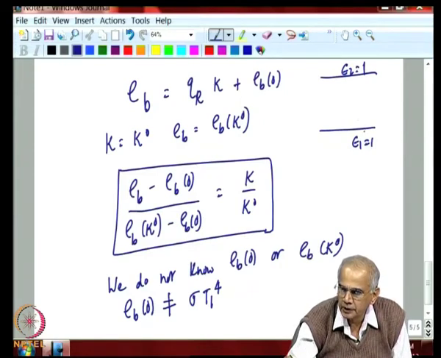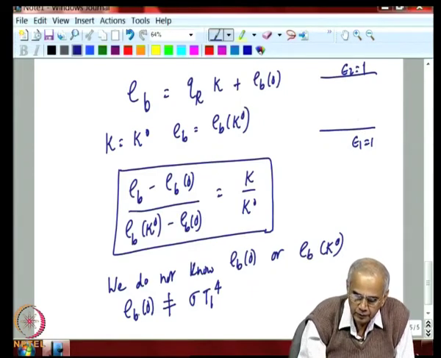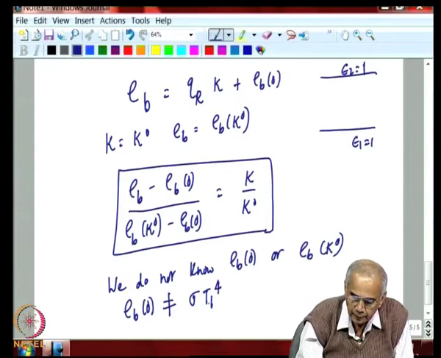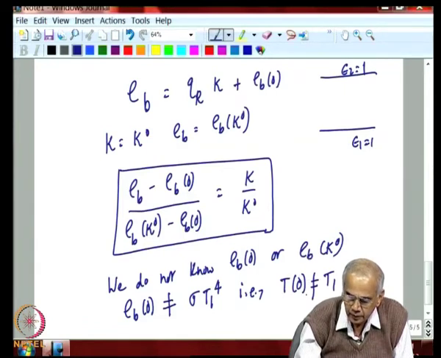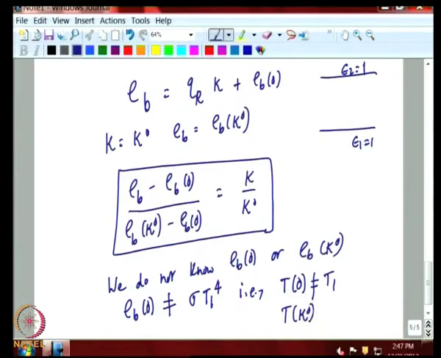The black body emissive power of the bottom surface need not be equal to the gas black body emissive power, because the temperature of the gas at kappa equals 0 is not equal to T 1. Similarly, the temperature of the gas at the top is not equal to T 2.